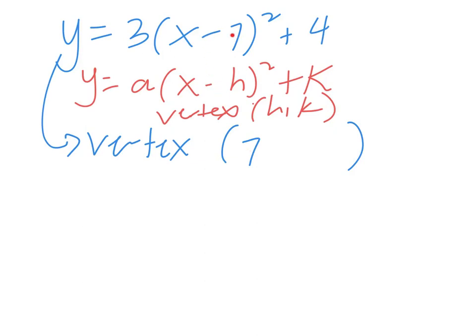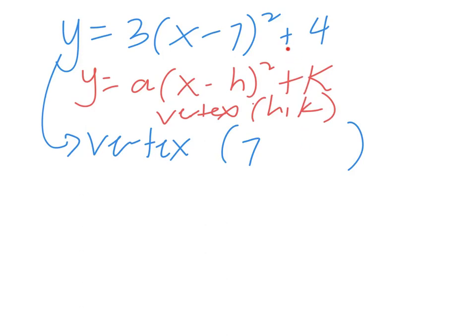So it's sort of like the opposite, so to speak, because this is minus 7. The opposite of that is positive 7, because the standard formula already is built with a minus in it. Hopefully that makes sense.